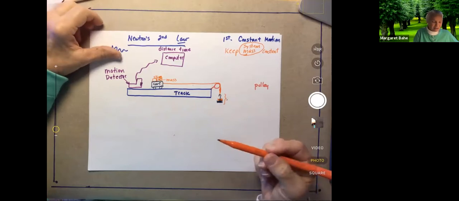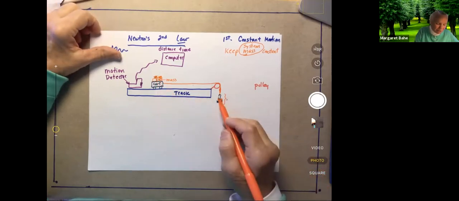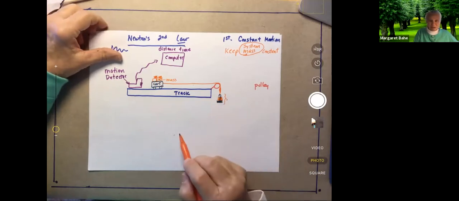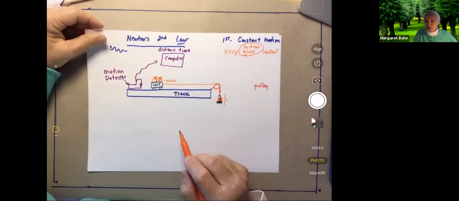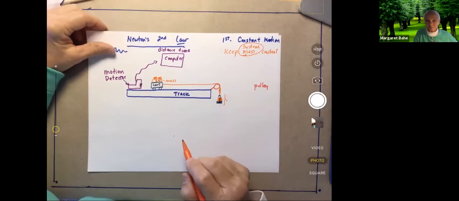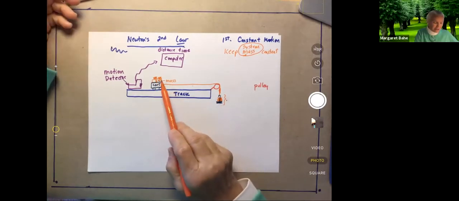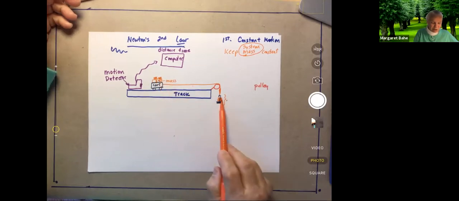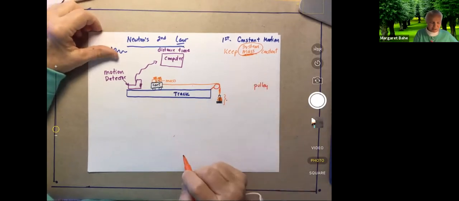Yeah, that is. So now I could take more mass and move it from here and put it down there. What would happen to my force of gravity then? Let's go to Carolina. It would get bigger. It would get bigger if I take more mass and put it there, but my system mass is going to stay the same.